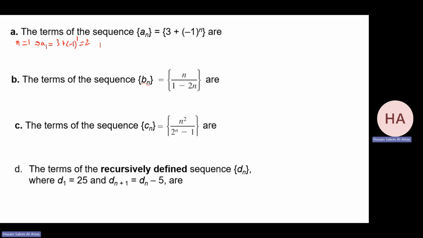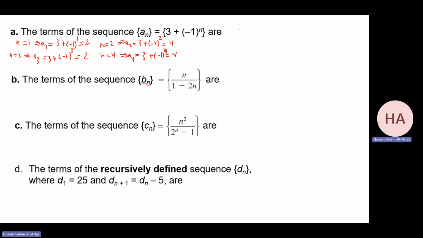If n equals 2, it will be a2: 3 minus 1 squared. That will be 4. N equals 3, what will be a3? It will be 3 minus 1 to the power 3, which is minus 1, so that will be 2. N equals 4, what will be a4? It will be 3 minus 1 to the power 4, and that is 4.